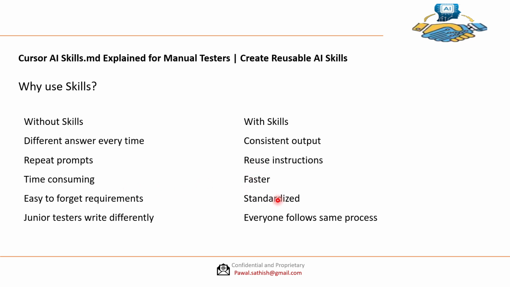Even if junior testers or senior testers follow, we are getting the same output. As a manual QA tester we need to create skills for manual testing. Today we'll see how to create the skills and the structure of the skills.md file so that it will be easy to create skills for manual testing.